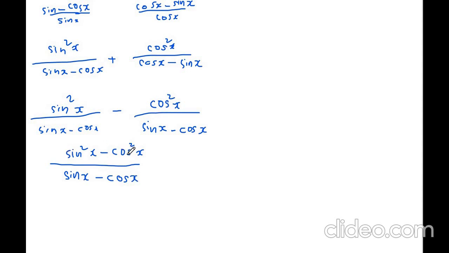Now sine squared minus cos squared, this is a difference between two squares. So it's like a squared minus b squared. So that can be factored as sine x plus cos x times sine x minus cos x.